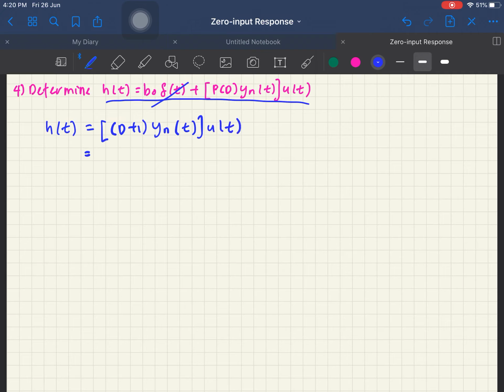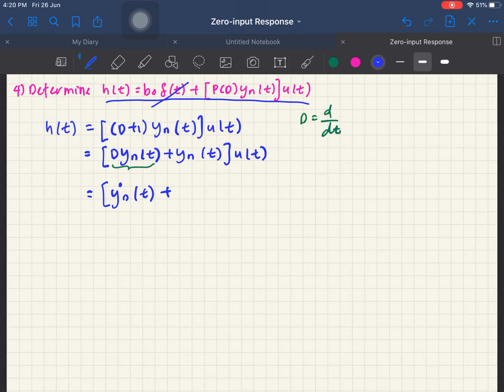We already found P(D) equals D plus 1, so we have D plus 1 applied to yn of t, times u of t. Multiplying, we get D yn of t plus yn of t, times u of t. The first part simply means the first derivative of yn of t, because D equals d over dt. So this can be rewritten as yn dot of t plus yn of t, times u of t.